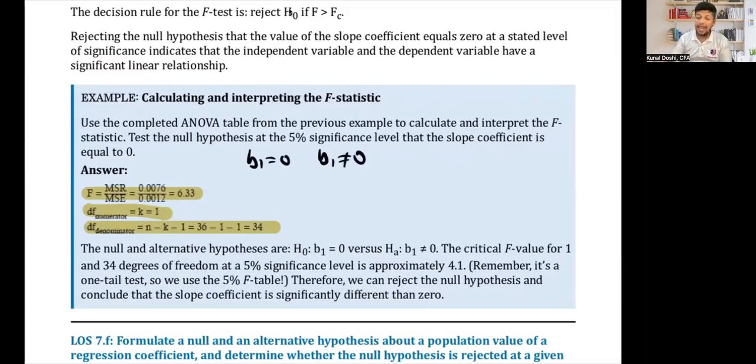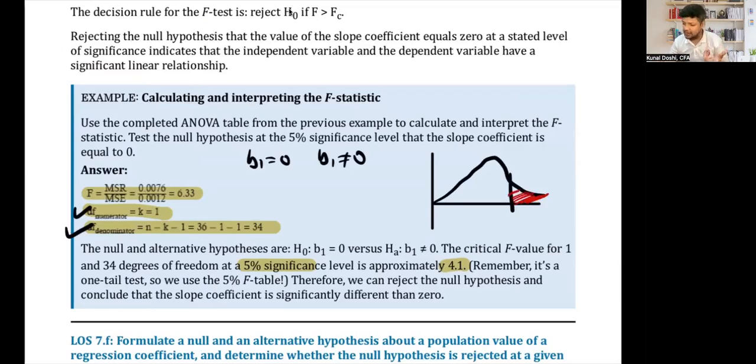Now, when we go to the F table using numerator and denominator, you can go to the table and check. You will get the critical value at 5% significance level is approximately 4.1. So how does it work? Remember, in F distribution, 4.1 on the top, the downside will be close to 0 because it is inverse, right?